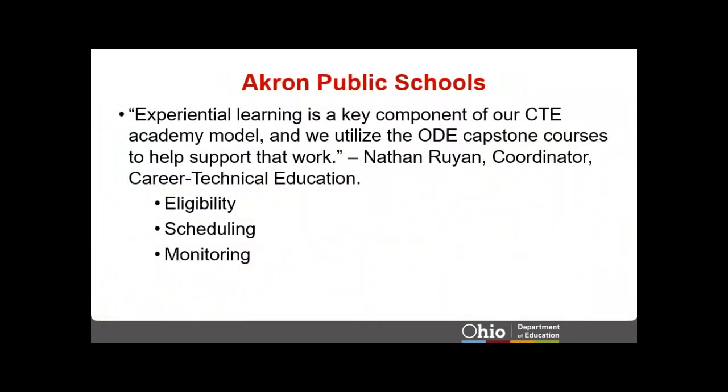But the name of that program, again, was Quick Base, and it's an online database that they use to track the quantity of hours as well as employer evaluations. And Nathan Runyon, the director or coordinator there for their career tech office, provided us the information. So Quick Base was the name, Robert.